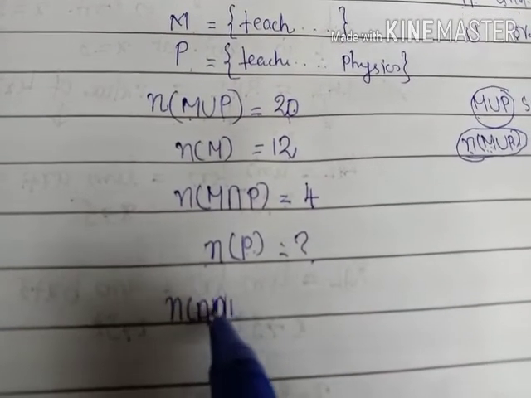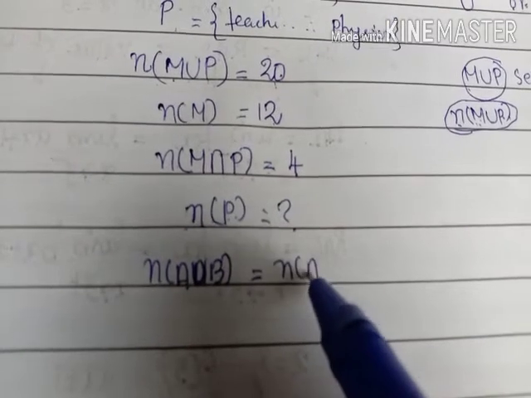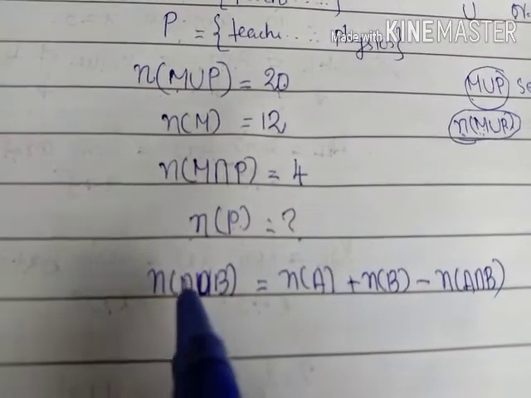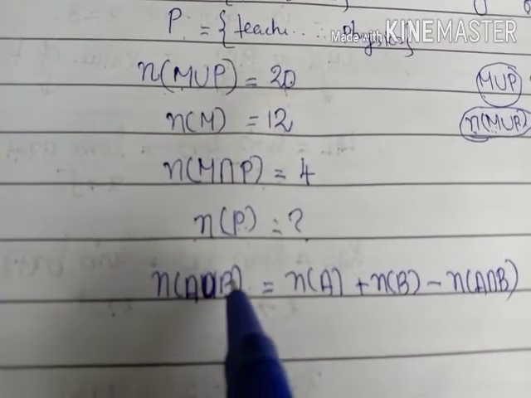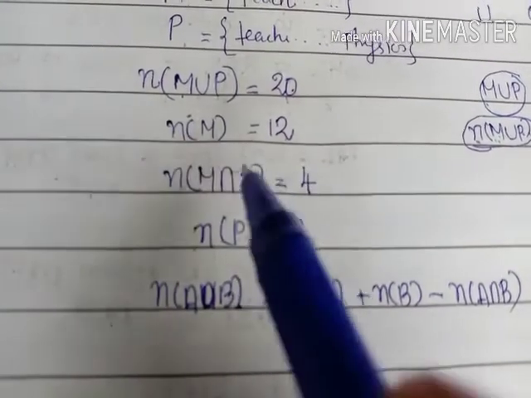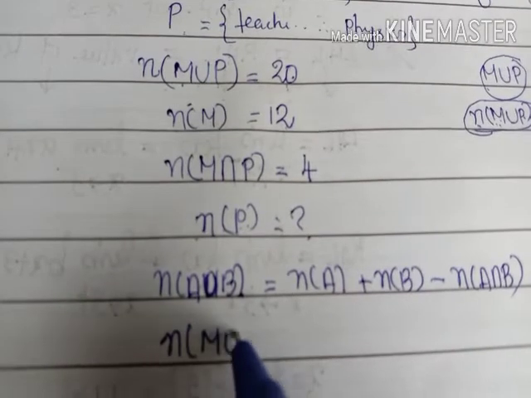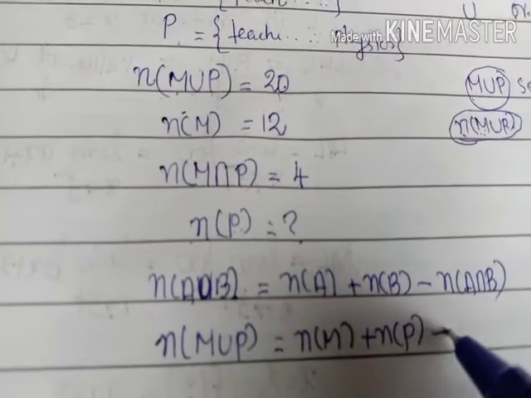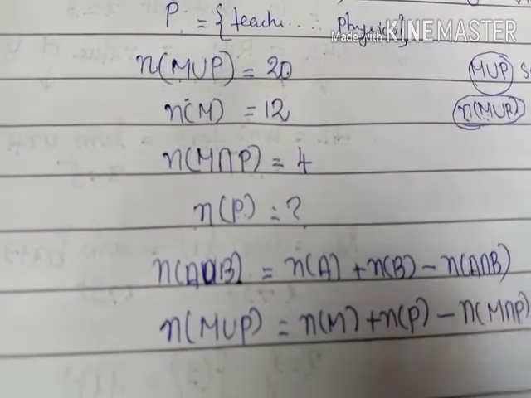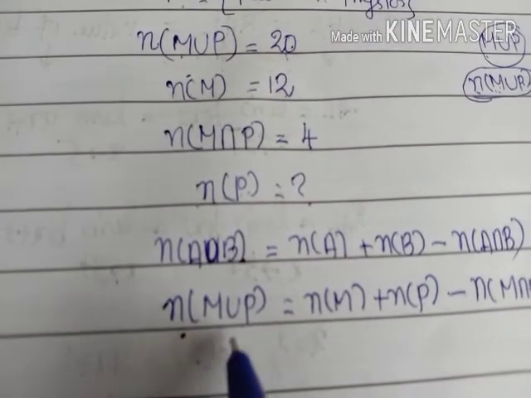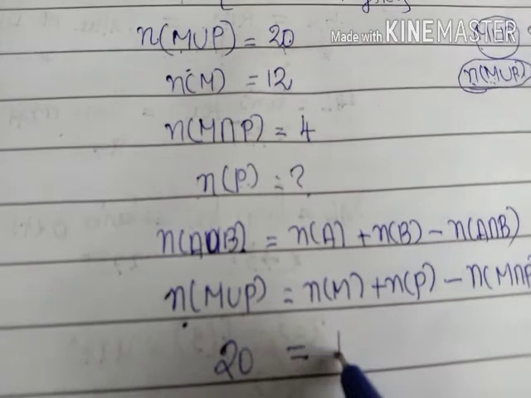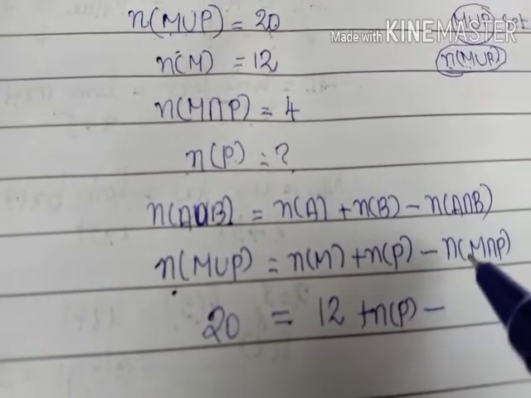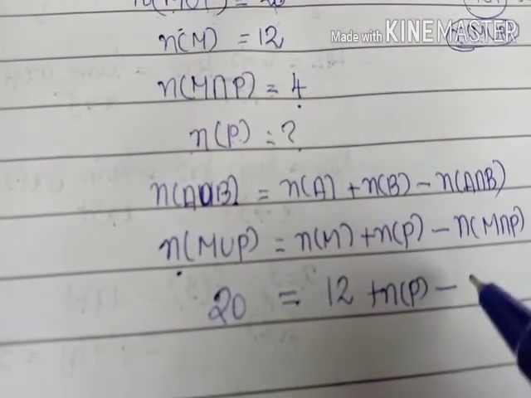So write the cardinality theorem: n of A union B equals n of A plus n of B minus n of A intersection B. This is for two sets A and B. Instead of A and B, here we took M and P. So just replace: n of M union P equals n of M plus n of P minus n of M intersection P. Now put the values. n of M union P is 20, n of M is 12, n of P we don't know, and n of M intersection P is 4.